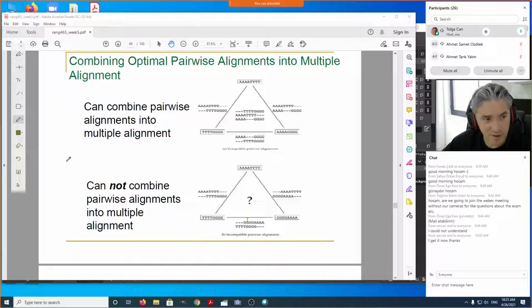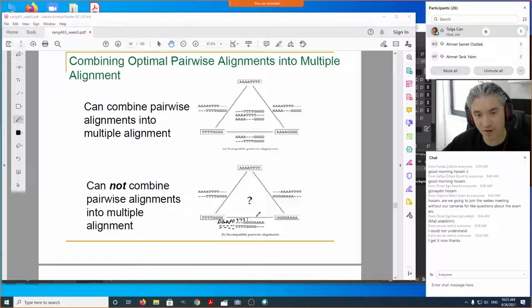So it's like this T. Let me also change the color to something darker. So T, T, T, T, T, and there's A, right?